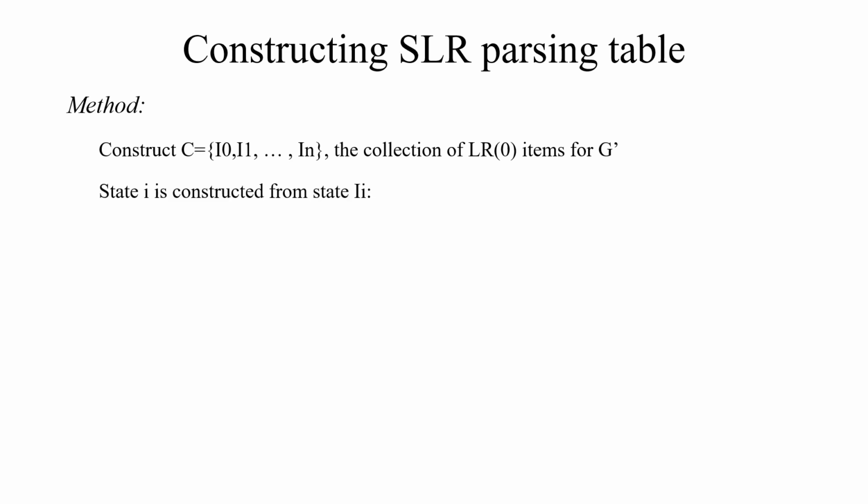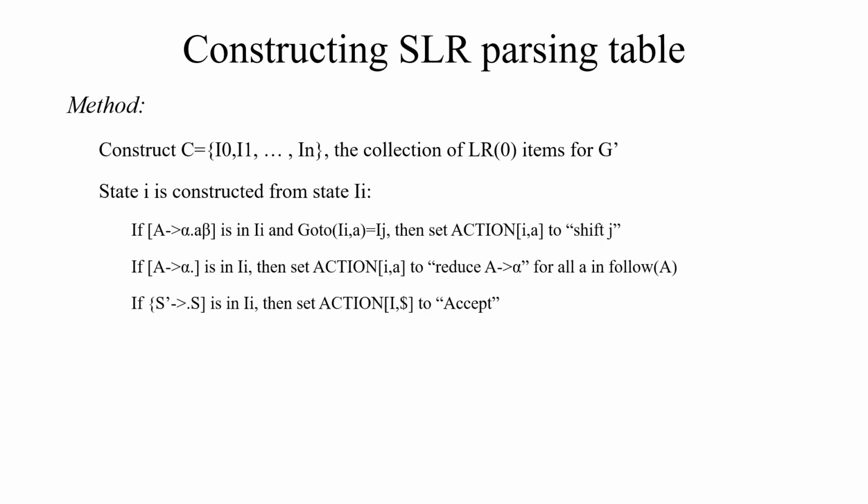State j is constructed from state i. Let us consider we have a state I sub i. In that particular state, just look at the productions. The first one: if A derives alpha dot a beta, what is small a here? It is a terminal, right?